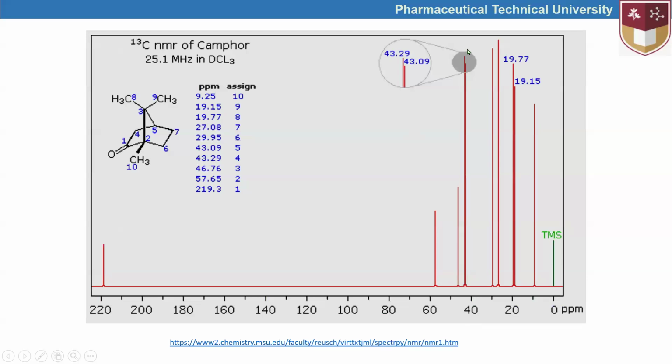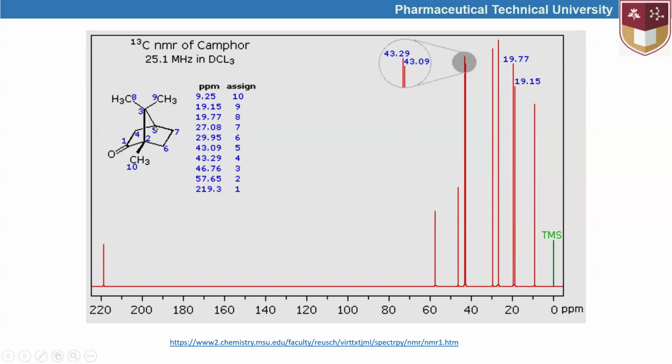Here we can see that 43.29 and 43.09 belong to the 5 and 4 positions. They are close to each other, but they differ from each other.